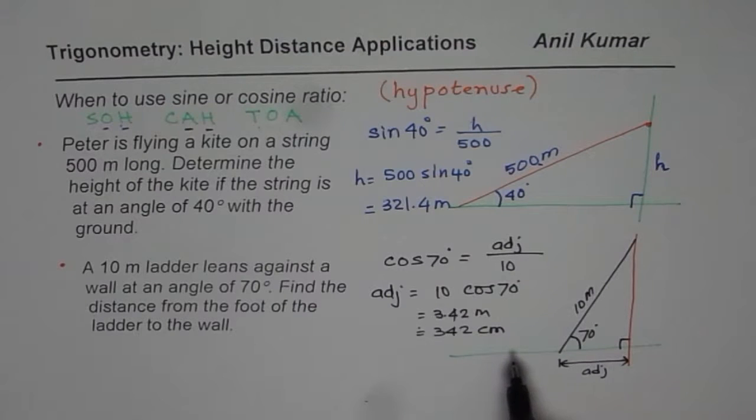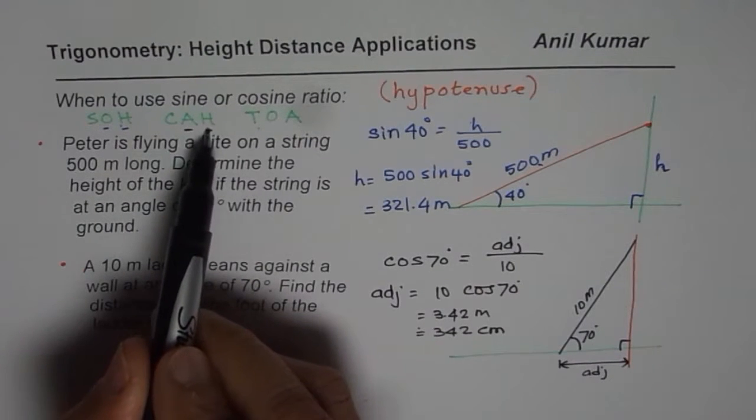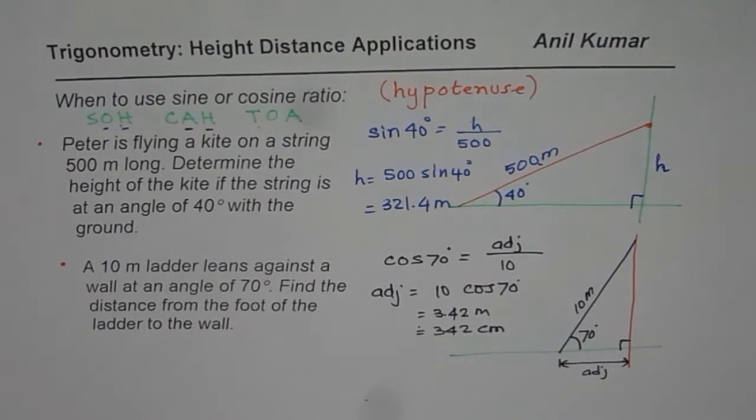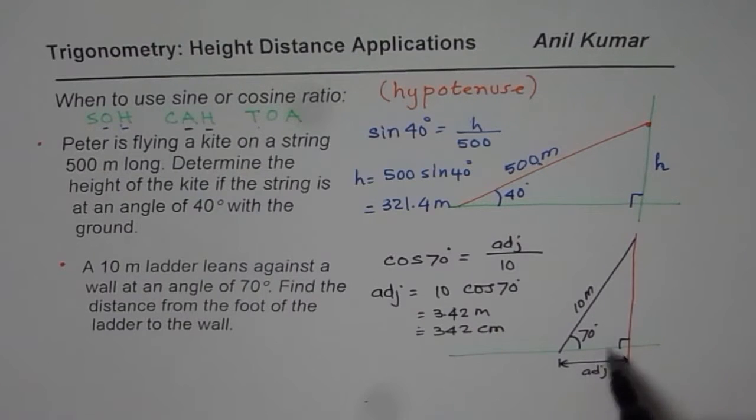So remember one thing: if the hypotenuse is involved, in that case we cannot use tan, we should not use tan. We should use sine or cosine depending on whether the other side is adjacent or opposite. So in distance and height questions also, you will be using sine or cosine ratios at times.